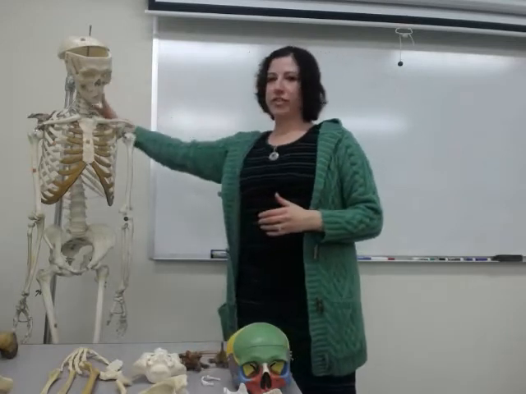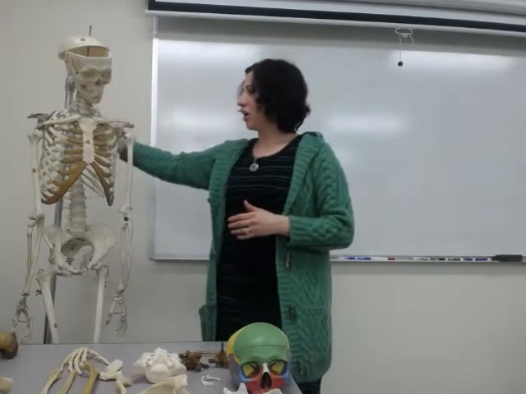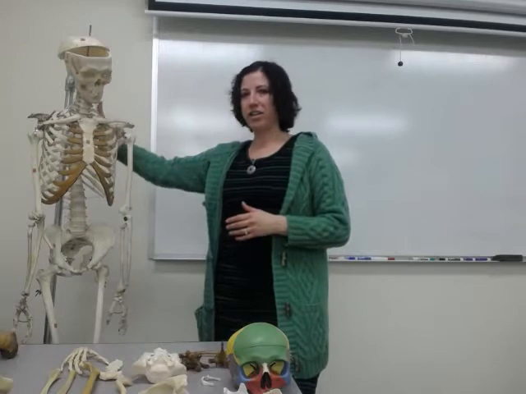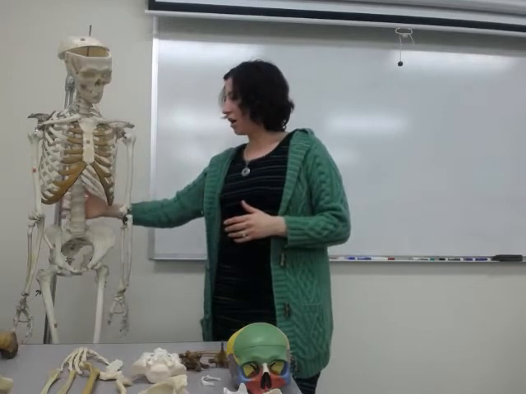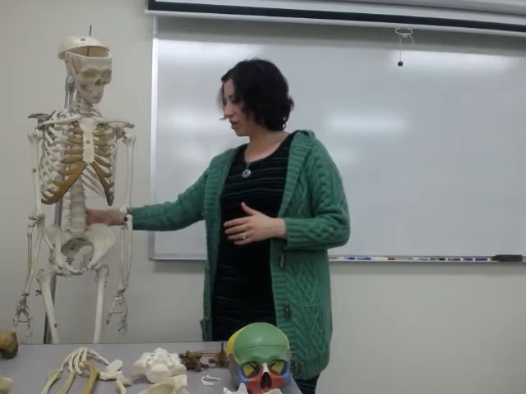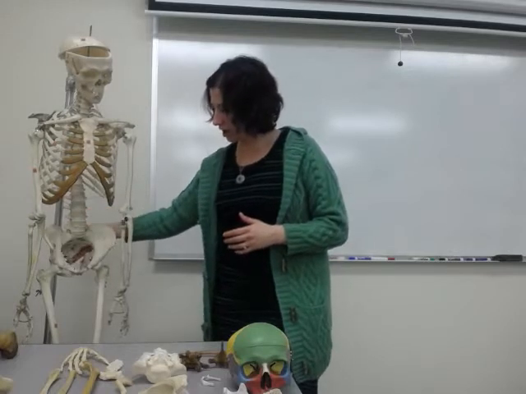If we talk about our vertebral canal, we have different segments of vertebrae. We have our cervical in our neck, our thoracic along our thoracic cavity and rib cage, our lumbar, which is our lower back, our sacrum, which forms part of the pelvic girdle, and then our coccyx vertebrae, which are our tailbone.